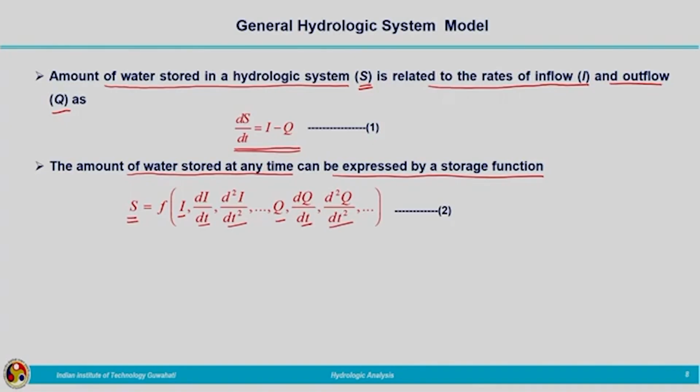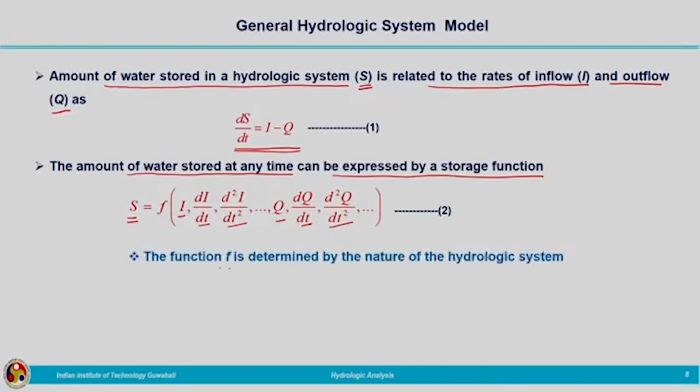So the storage is assumed as a function of inflow and outflow and their derivatives, up to the nth derivative. That is, storage is assumed as a function of inflow, outflow and their derivatives.